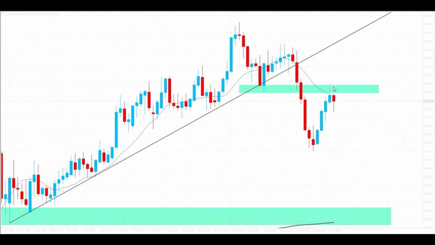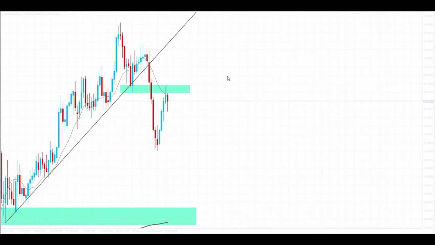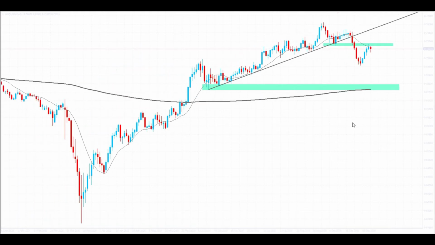But if you do see price break out of this level that we've highlighted, again, we could be looking for longs in the market and expect AUD/USD to continue higher. But for now, we're expecting just a pullback in the market and see price continue to the downside, where we can target that 200 moving average there on the daily chart.